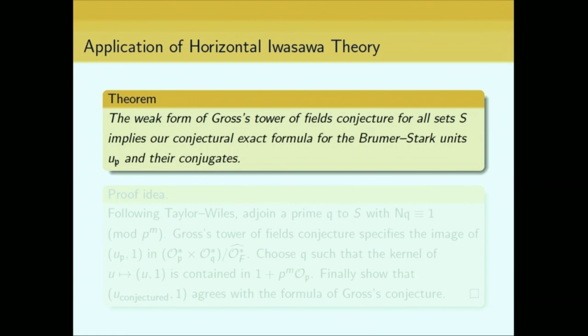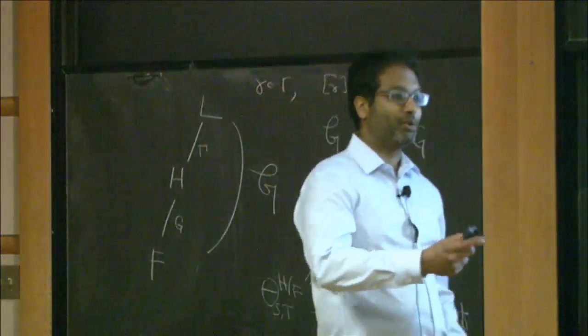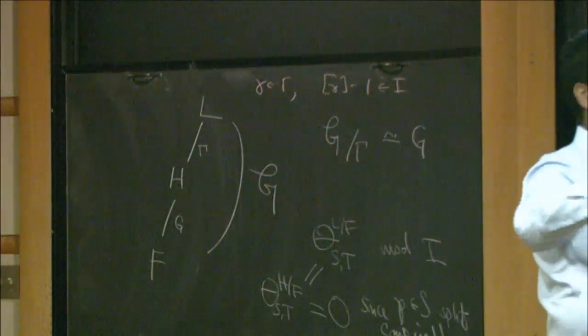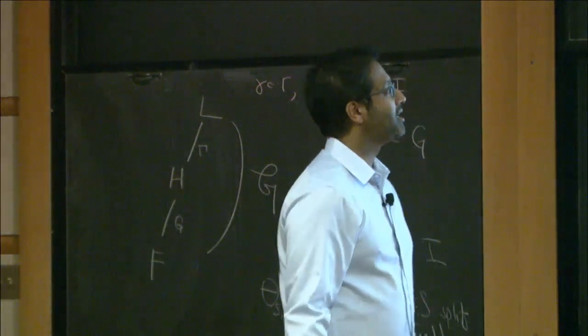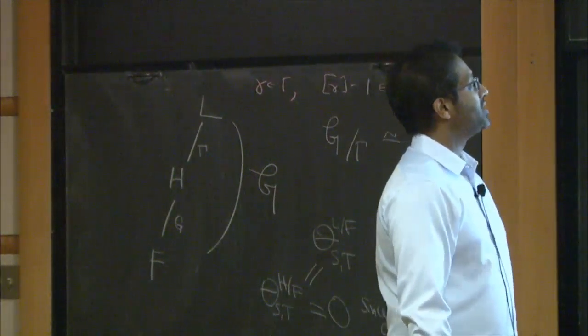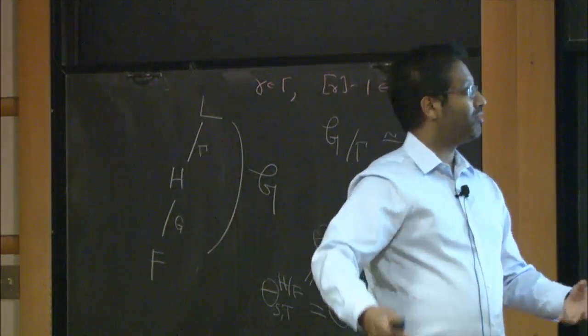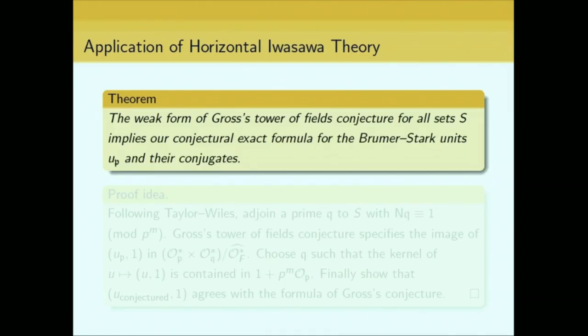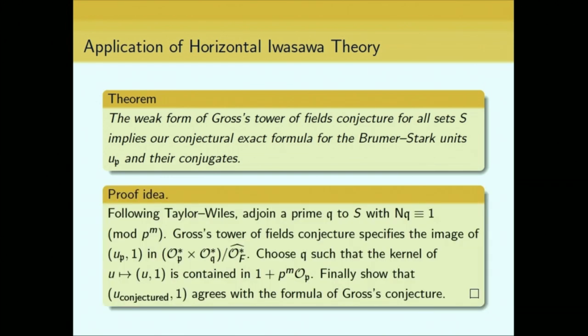Now I remember why I needed arbitrary sets R to address your question before: this is where we throw in the Taylor-Wiles primes, the primes that are highly congruent to 1 mod P. This is the trick we use: if you allow yourself to throw in these other primes for your set S, prove the conjecture in that context, and then take the maximal abelian extensions L unramified outside those sets, then packaging that together for all possibilities implies my conjectural exact formula with Spies, using the Eisenstein cocycle for this unit and all of its conjugates.